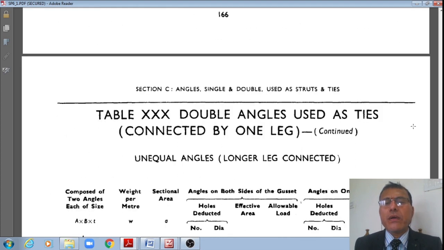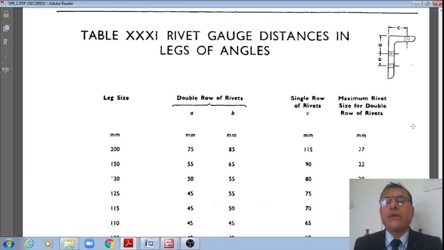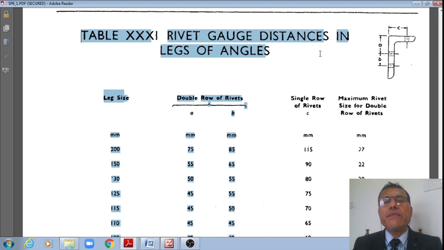to other discussions. This is also an important table: Table 31, rivet gauge distances in legs of the angles.